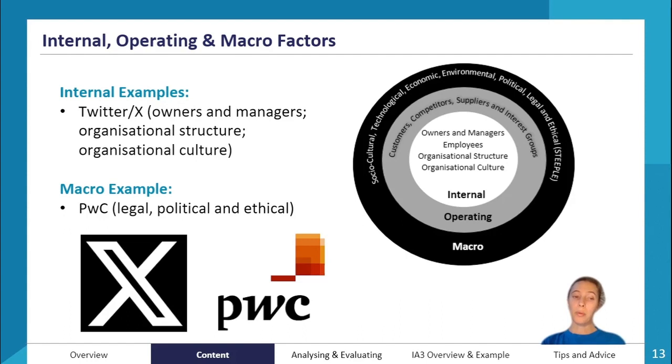A macro example, PwC, which is a financial consultancy kind of company in Australia. It had a bit of a scandal last year in that it had some issues with the different practices that it was carrying out in that finance sector, and that resulted in some legal, political, and ethical issues around that.